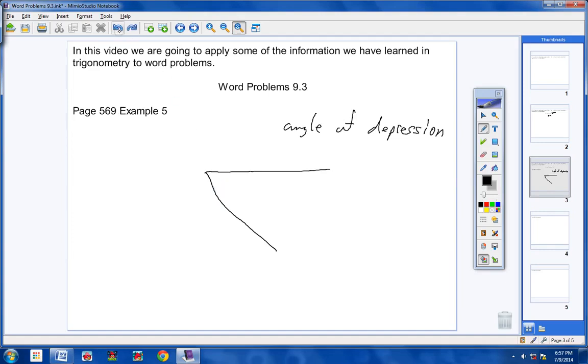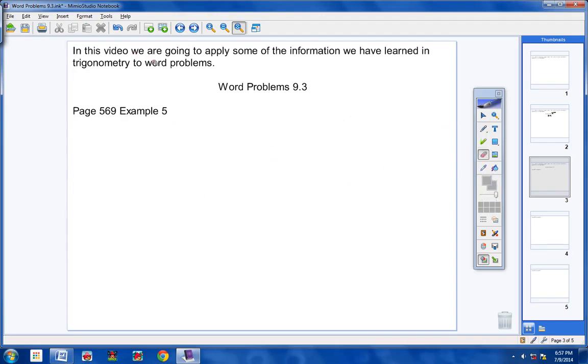If I said we had an angle of depression of 25 degrees, you would draw a horizontal line, and then it really doesn't matter where you draw the angle. You could draw it from here or here, and 25 degrees would be approximately that right there. So right here would be your angle of depression. Please understand the difference between angle of depression and angle of elevation.